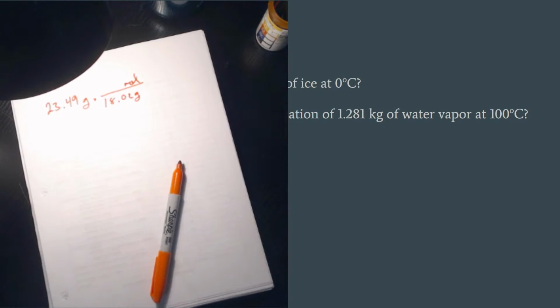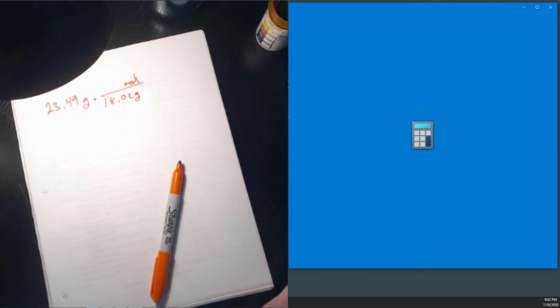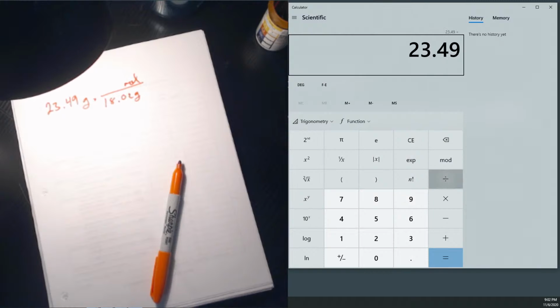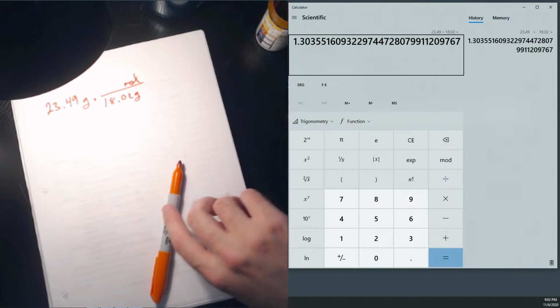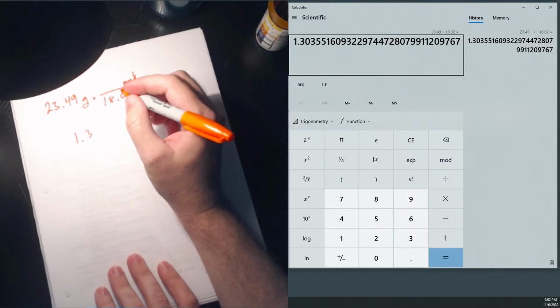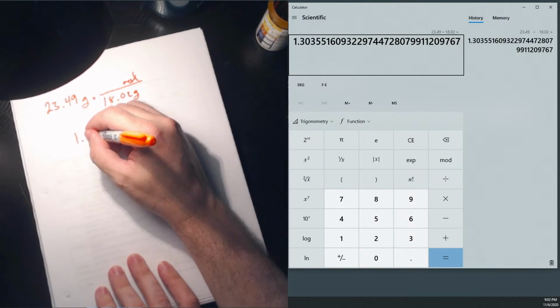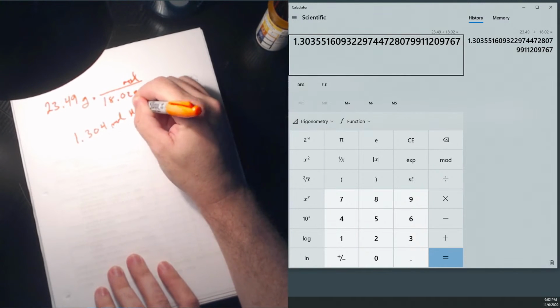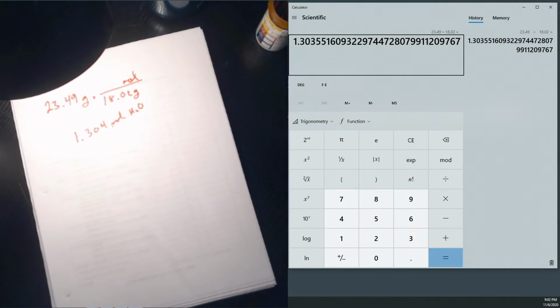Let me bring up the calculator. 23.49 divided by 18.02 means we have 1.304 moles of water.